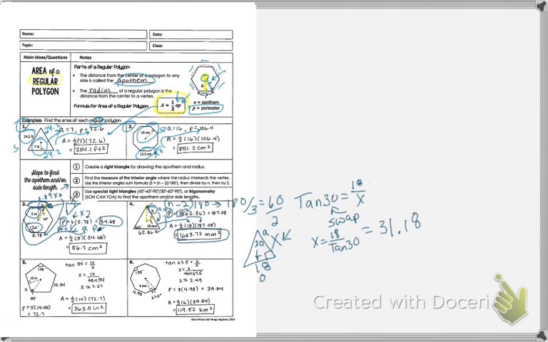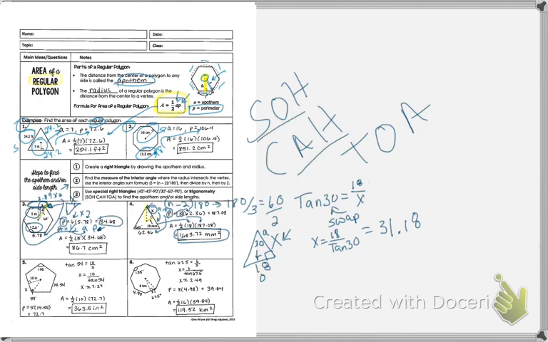If you simply remember sine is equal to opposite over hypotenuse, cosine is equal to adjacent over hypotenuse, and tangent is equal to opposite over adjacent, you should be able to use that a lot easier than remembering that the hypotenuse is double the short leg, and the long leg is square root of 3. So I believe this is a lot easier to remember. If not, you can follow the notes. They're using both SOHCAHTOA and the special right triangles.